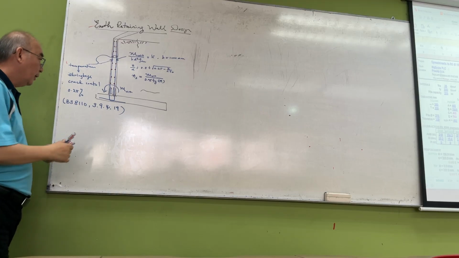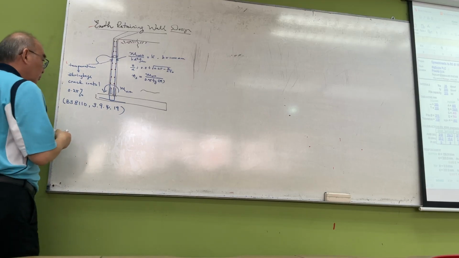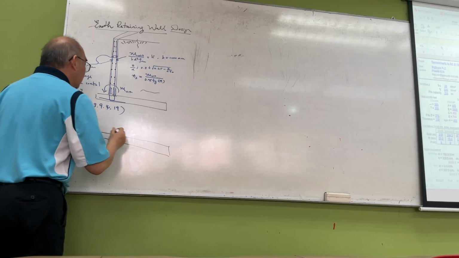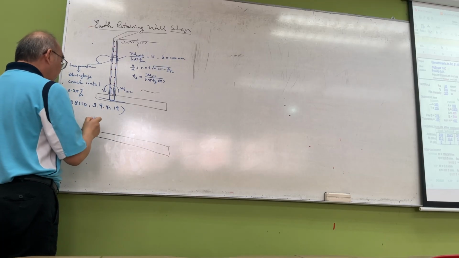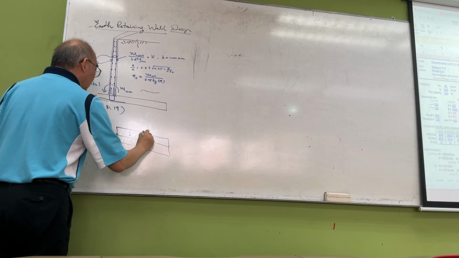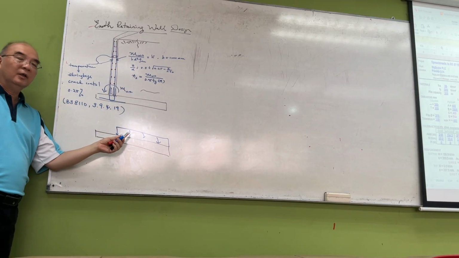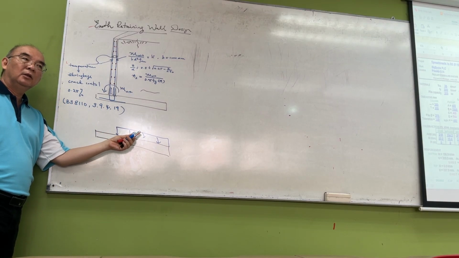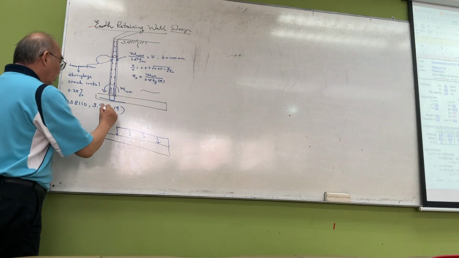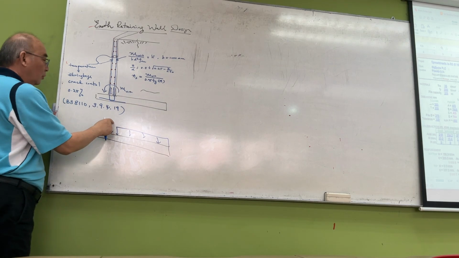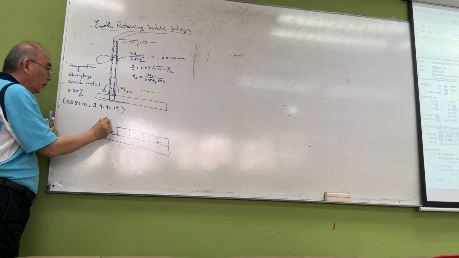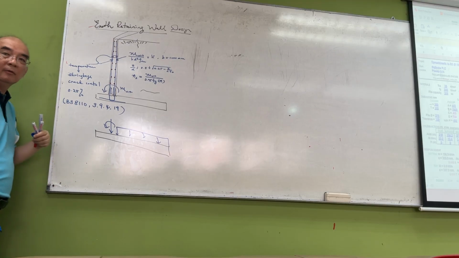So that means on your base, you have the uniform loading from the soil, right? And you will have a wall weight, vertical wall weight, as well as this one, right?